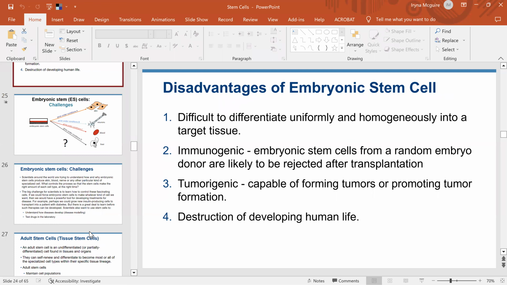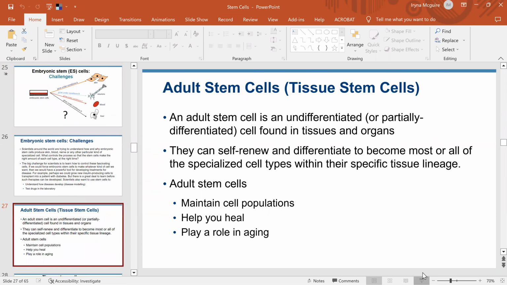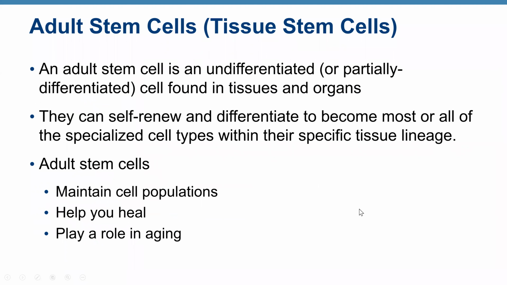Okay, another type of stem cells based on location are adult stem cells. Adult stem cells are undifferentiated or partially differentiated cells found in tissues and organs of an organism that is already born. They can self-renew and differentiate to become most or all of the specialized cell types within their specific tissue lineage. I will give you examples.